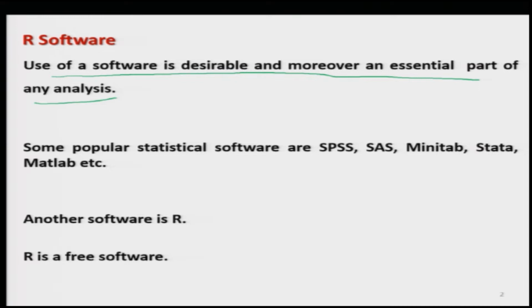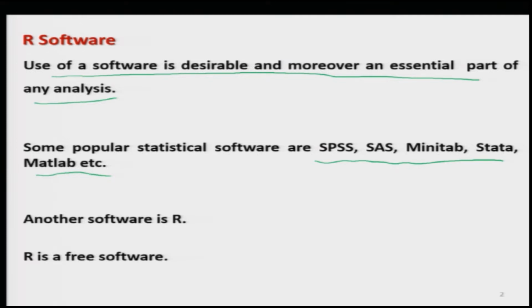Without this you just cannot do it. And when I come to software, there are some software dealing with statistics. They have an emphasis on statistics, and such popular software are SPSS, SAS, Minitab, Stata, MATLAB. They have been in the market for a very long time.